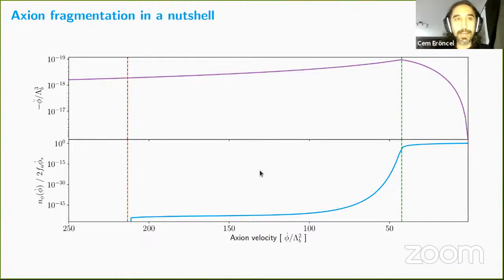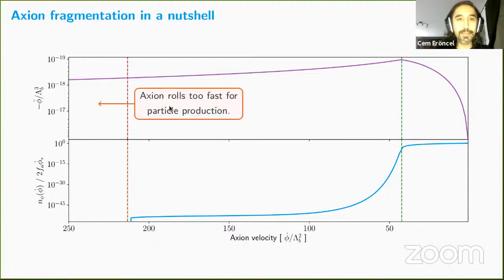Now, in a nutshell, the whole procedure works as follows. Here on the horizontal axis, we see the axion velocity. As time goes on, the axion velocity will decrease due to Hubble friction. So we start with a high velocity in the beginning.